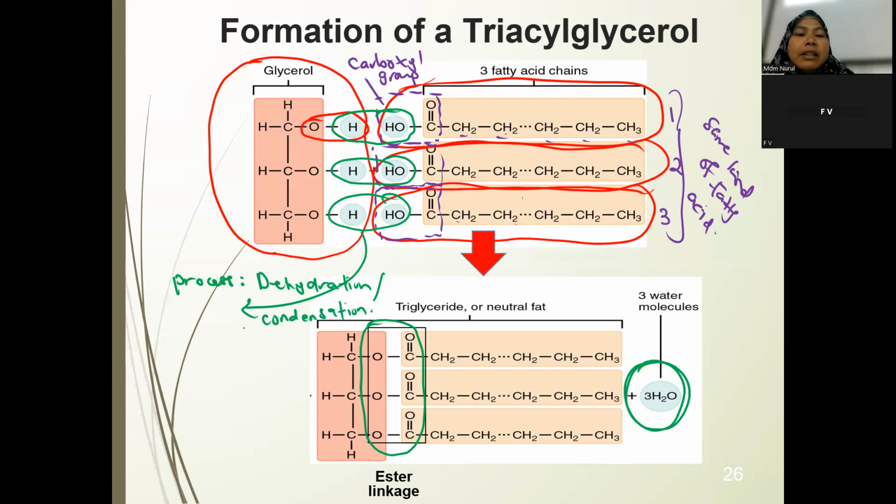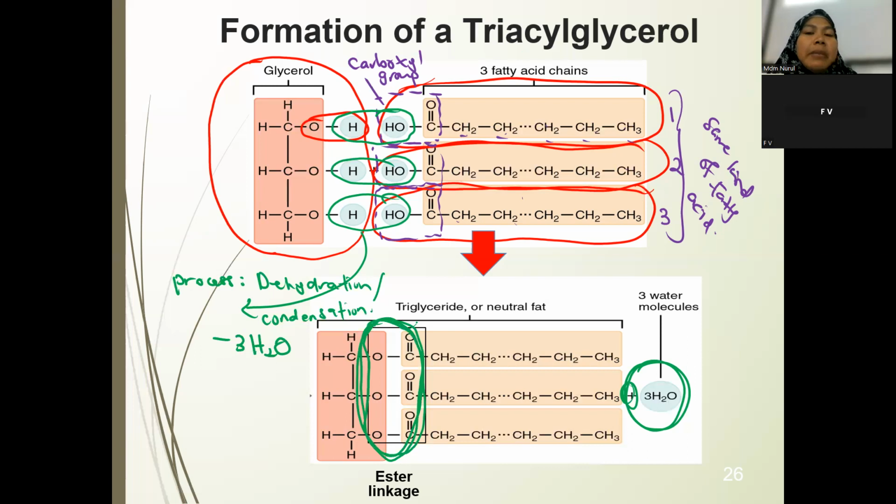Berapa air kita buang? 3. 3 molecule of water. Madam, kenapa kat sini ada tambah 3, madam? Tambah ni sebab kita dah tunjukkan proses tu dah berlaku. So, air akan pergi sebelah sana. Okay. So, remove 3 molecules of water. Okay. Alright. So, where is the ester linkage? So, ingat, ester linkage mesti terbentuk antara carboxyl group dengan oksigen yang tinggal tu. So, this is the ester linkage.